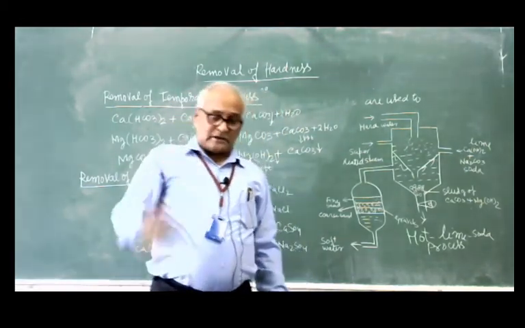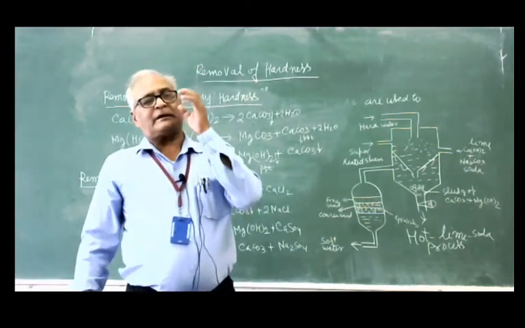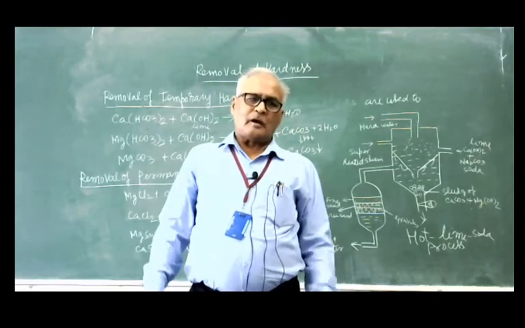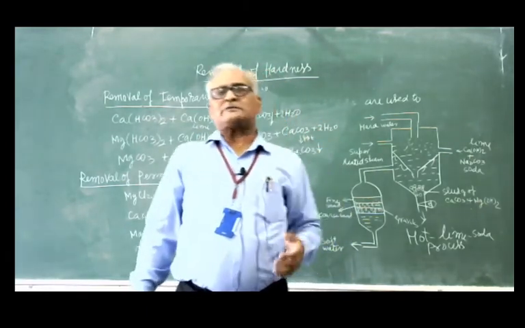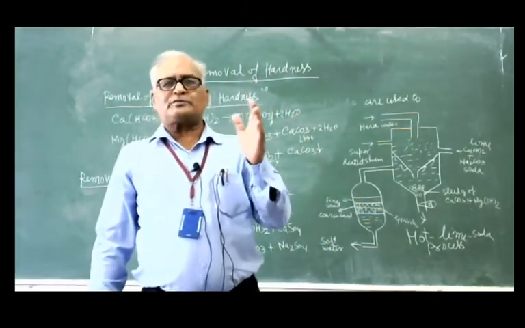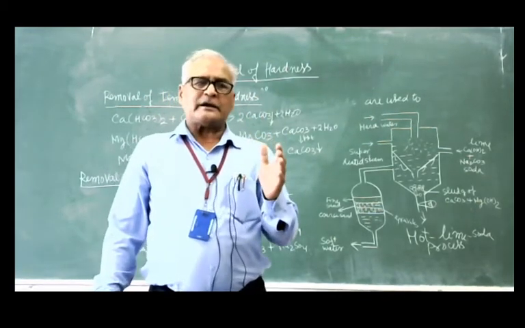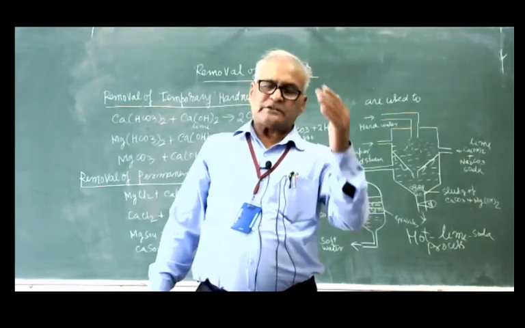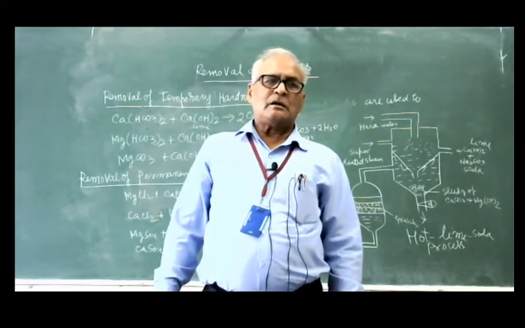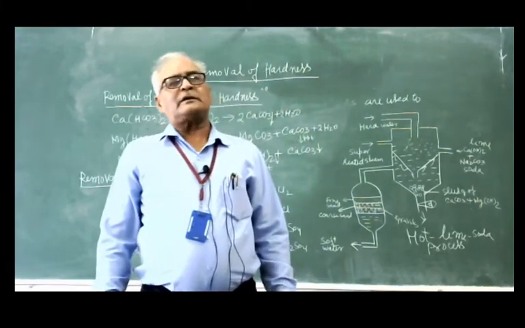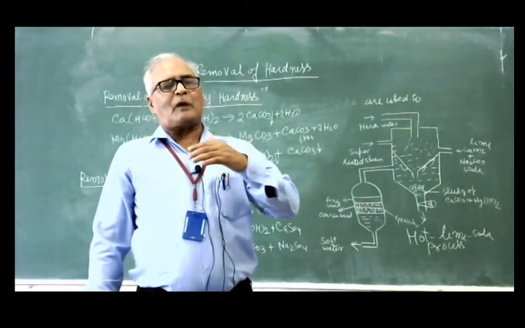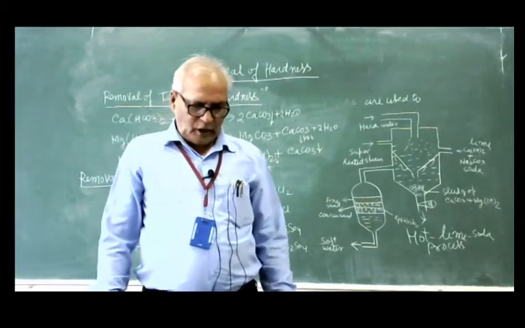In calculation, you will observe that the formula contains 2 times the amount of calcium hydroxide required to remove the temporary hardness due to magnesium bicarbonate. We shall discuss the formula which is used to calculate the amount of lime and the amount of soda required.